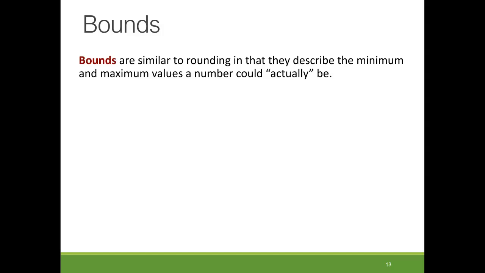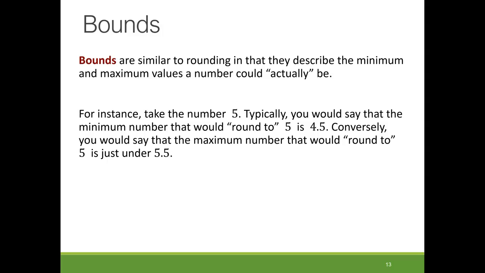Or there could be some maximum actual value that I had, that I rounded down to a rounded answer. So there's always an upper and lower bound associated with any rounded answer. It's kind of like a confidence interval. If you guys are into politics and the polling, they always have a margin of error, like a confidence interval. It's kind of like that.